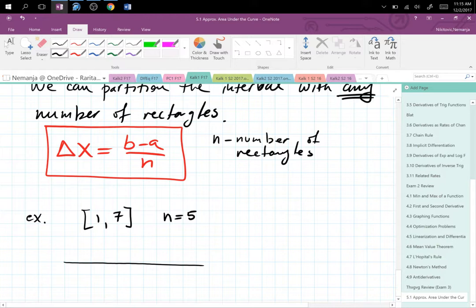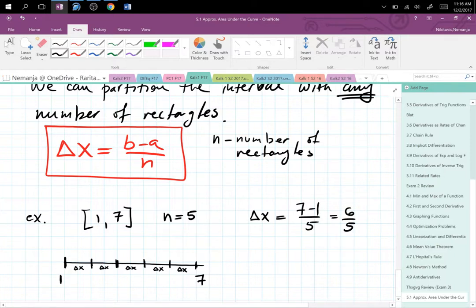Good. So this is number 1, and the end 7, 1, 2, 3, 4, 5 rectangles in between. We compute delta x, because in between each one of these is delta x. So you have 5 delta x's there because you have 5 rectangles. So delta x is going to be 7 minus 1 over 5, which is 6/5.